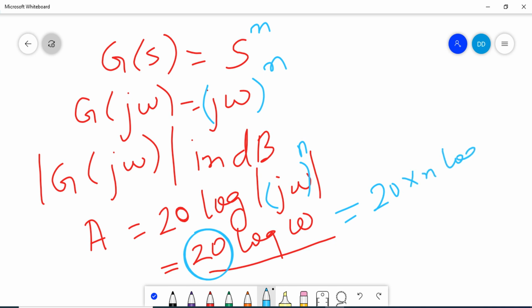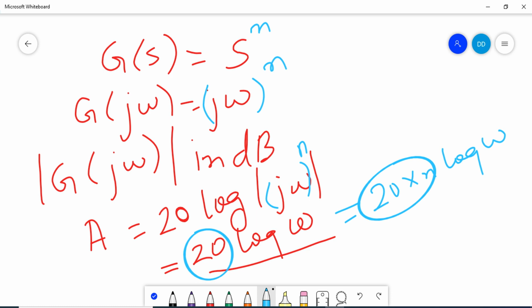That means we have a straight line of slope plus 20n dB per decade, which passes through the 0 dB point at ω = 1 in the logarithmic frequency scale on the semi-log paper. So if we have two zeros at the origin, then it is 40 dB per decade. If we have three zeros at the origin, then it is plus 60 dB per decade and so on.